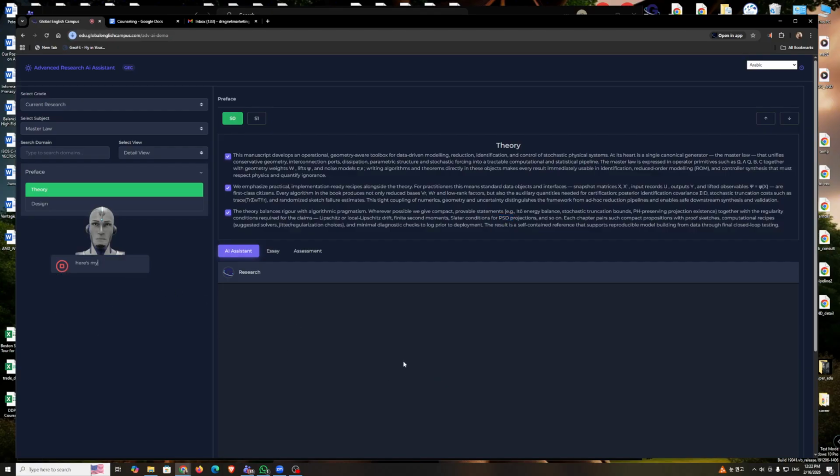Here's my final question about the master law. On a scale of 1 to 10, with 10 being the highest, how important is this master law relative to something like RSVD, plugging into a control system, plugging into a model selection, plugging into maybe a deep learning model?